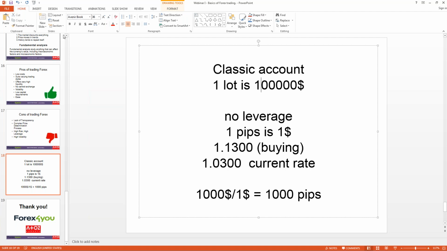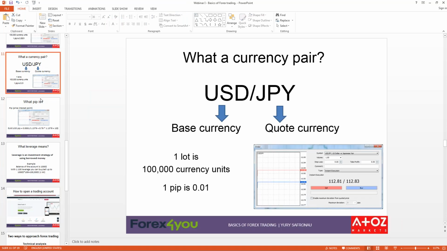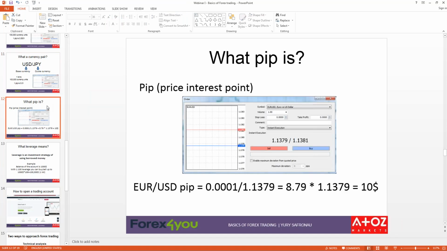You need to calculate the value of the pip. So the standard pip on EURUSD, if you are trading with one lot of any currency, is $10. So if a currency is changing, like let's say in this case 113.78, and it changes 2 pips to 113.81, that means the change of the currency is 2 pips. And in money, if you bought one lot with no leverage, you're gonna make $20 profit or loss.